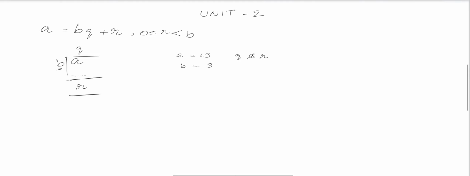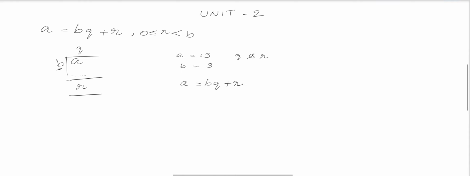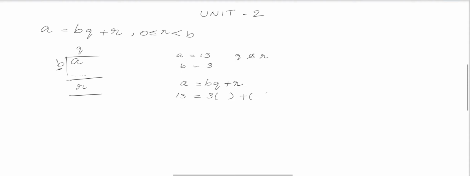Using this Euclid's division lemma: dividend equals divisor times quotient plus remainder. So you substitute: 13 = 3 × ( ) + ( ), since we don't know q and r, just put brackets.